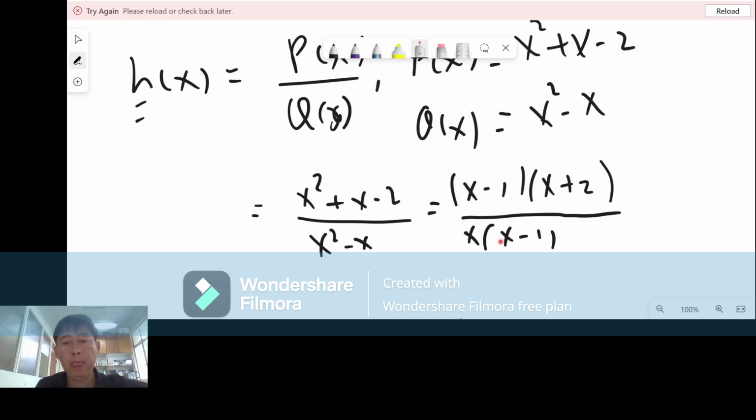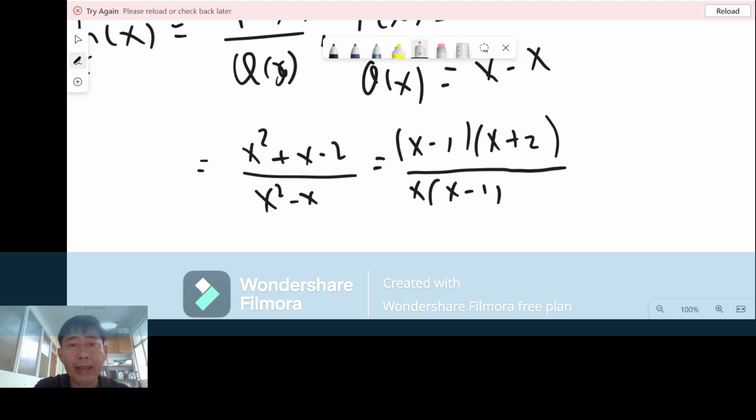Okay, so you can't just substitute x equals 1 into the expression here, right? Because if you substitute x equals 1, then the whole thing will become 0 divided by 0.